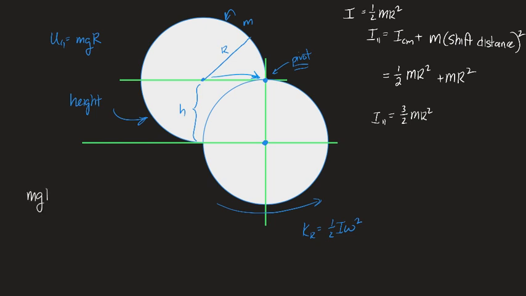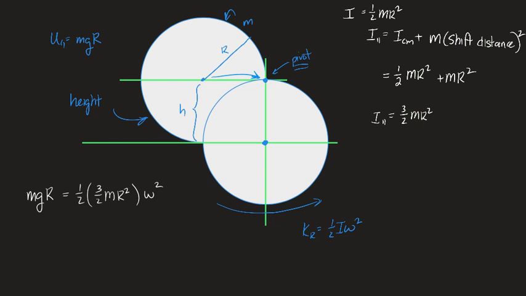mgr, the amount of gravitational potential energy, equals 1/2 I, which is 3/2 mr squared, times omega squared. Now, doing the algebra, there's not a whole lot of work there.